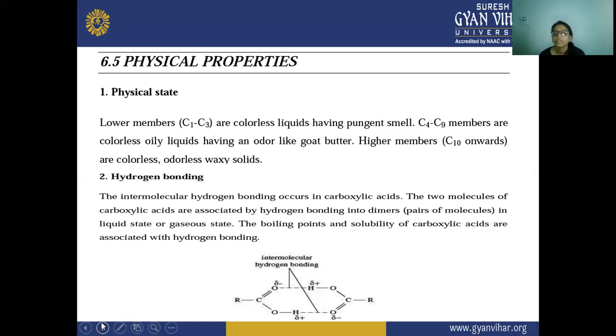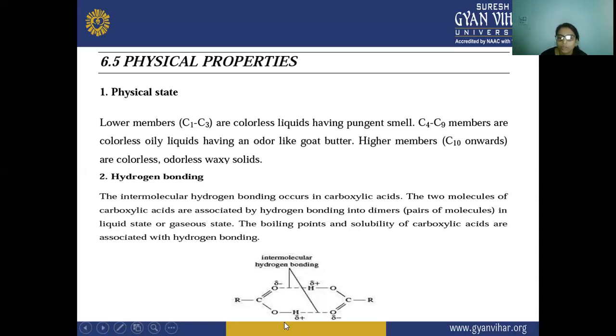In this picture you can see two molecules of carboxylic acid forming an intermolecular hydrogen bond between them.